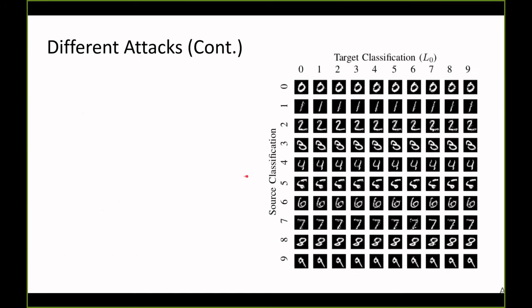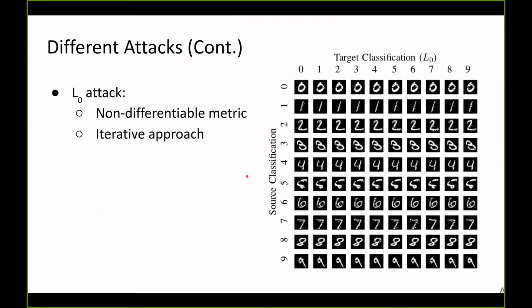The next attack is the L0 attack. It's a non-differentiable metric and it's an iterative approach. They use the L2 attack to eliminate pixels. In the beginning, they use the full image, and with the help of the L2 attack, they find the pixels which are unimportant, and then they remove those pixels. They focus only on the pixels that are important, and they modify those.